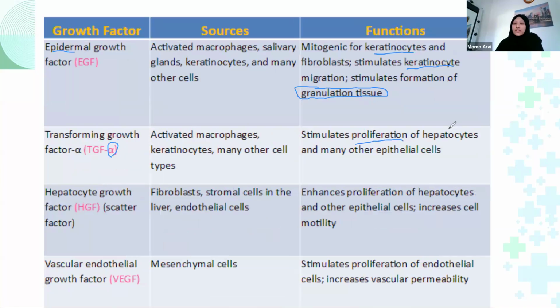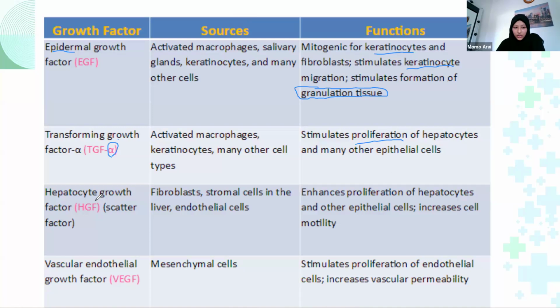You don't need to know specifically for liver. It basically helps in division of a lot of cells. You see hepatocytes and other epithelial cells. Again, you don't need to know the specific cell because it's too much detail. I don't think he'll ask this for you, right?